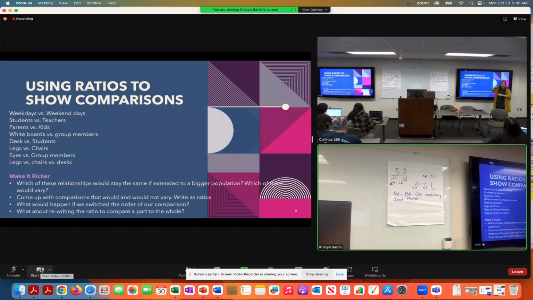Which one of those on there will be the same regardless of how many we gather? This one? Does the calendar always work in that 5 to 2, 5 to 2? Unfortunately, okay. Good point.